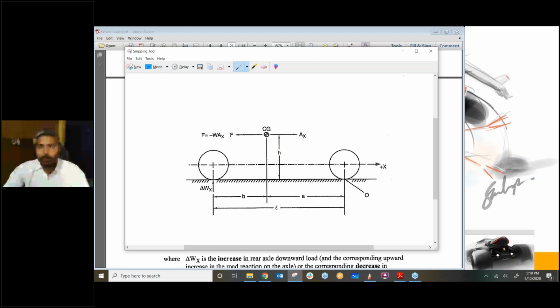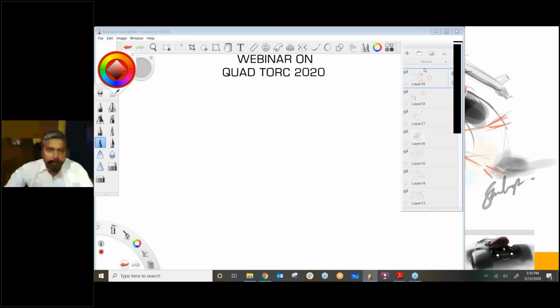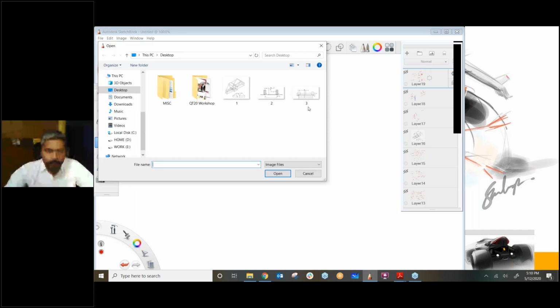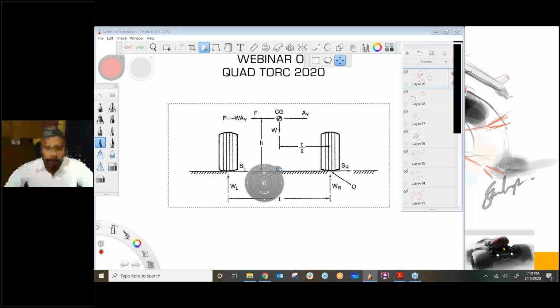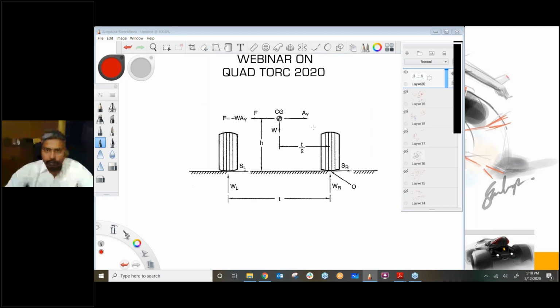So you add the total, which was the static load plus the amount that has changed. That will give you one load to analyze. Now multiply this particular load by the factor of safety which you want to keep, and this will be the total load for your analysis.